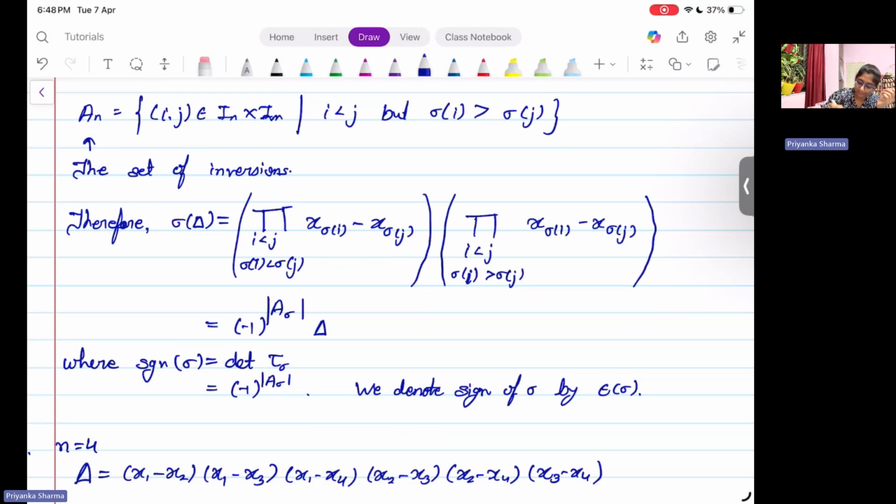Each factor can be written as minus 1 times (x_sigma(j) minus x_sigma(i)), and then we take the product.